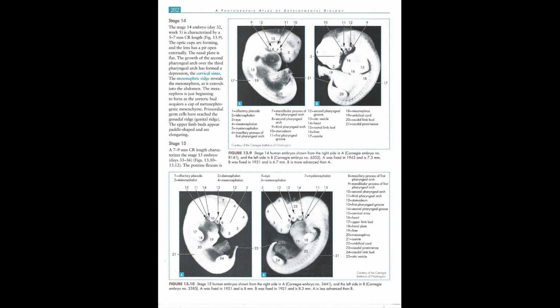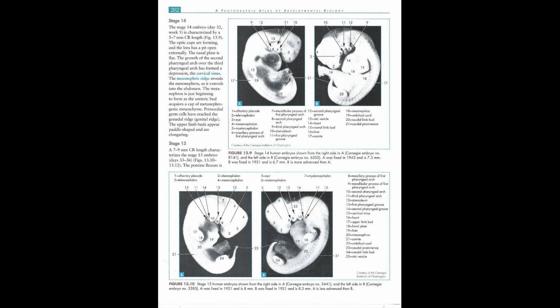Stage 14. The stage 14 embryo, day 32, week 5, is characterized by a 5 to 7 mm CR length, Fig 13.9. The optic cups are forming, and the lens has a pit open externally. The nasal plate is flat. The growth of the second pharyngeal arch over the third pharyngeal arch has formed a depression, the cervical sinus.